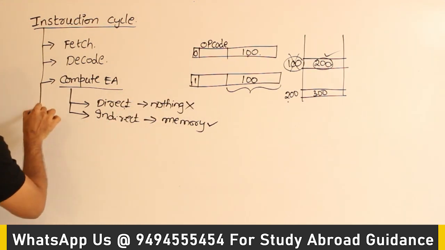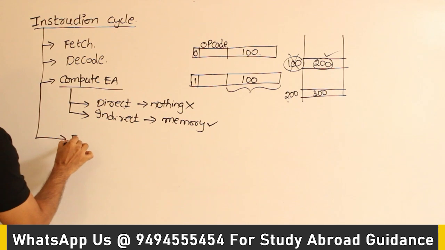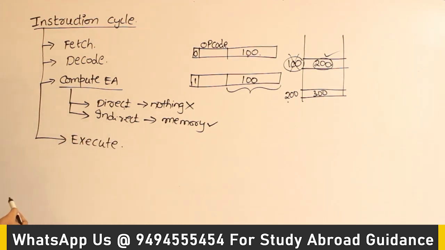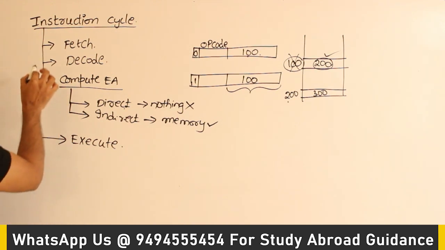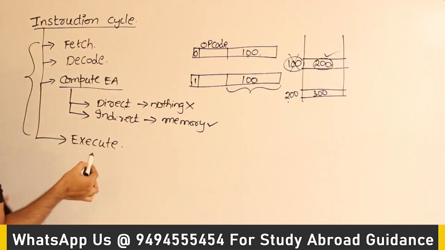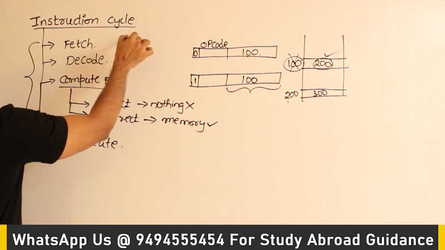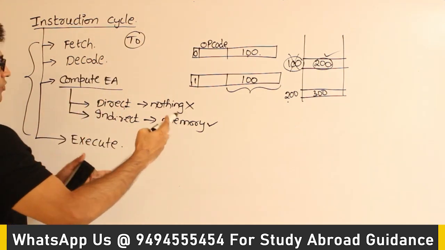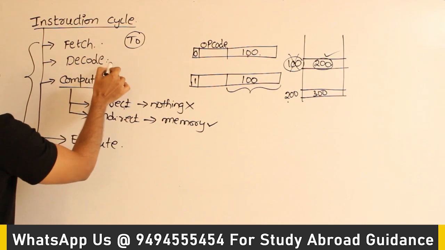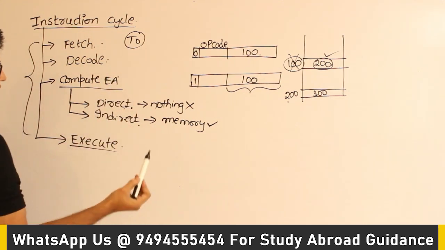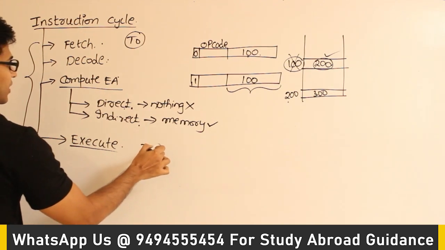Okay, and then finally we are going to execute the instruction, right? So every instruction has to go through these 4 phases. So we always start from T0 and then allocate a certain number of clocks to each phase depending on what type of instruction it is, and by the end assume that we have reached T7.